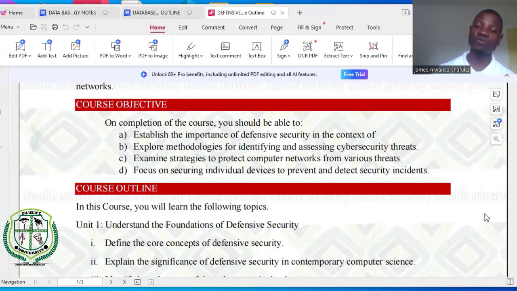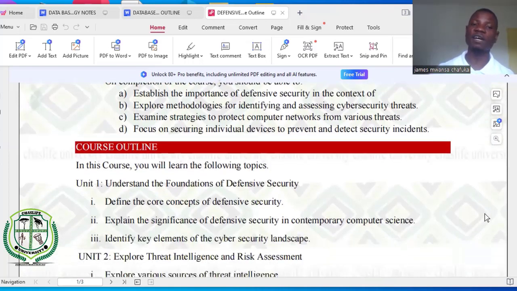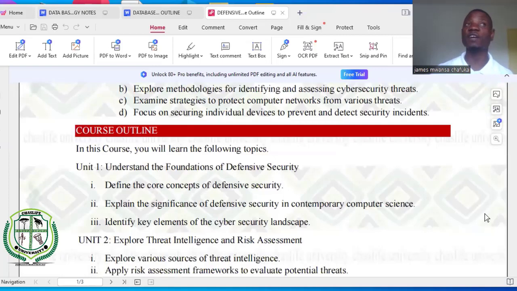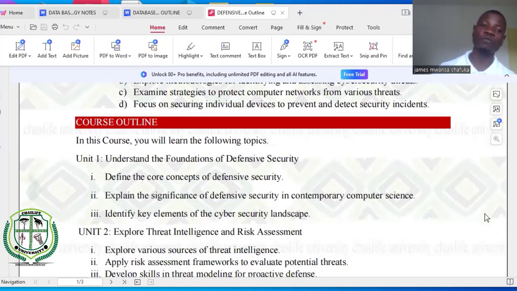The learners will be able to define the core concepts of defensive security, explain its significance in contemporary computer science, and identify elements of the cybersecurity landscape. That is part of Unit 1.